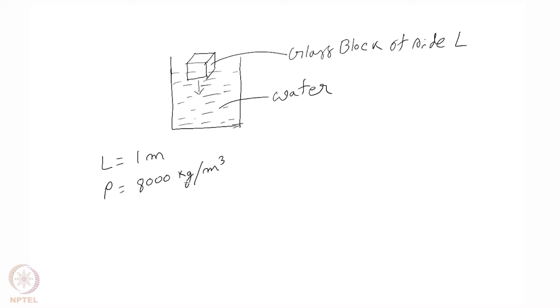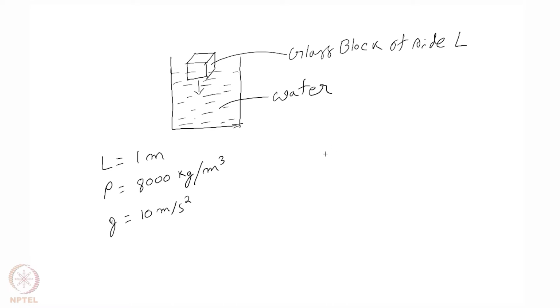So this is much higher than the density of water, okay, and g, that is gravitational acceleration, is equal to 10 meter per second square. So actually it is 9.81, but for our simplicity of calculation let us take it as 10 meter per second square.